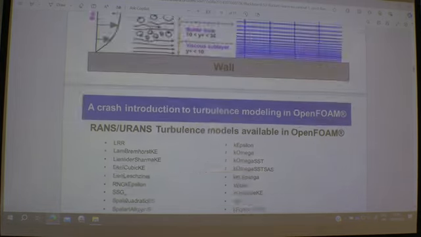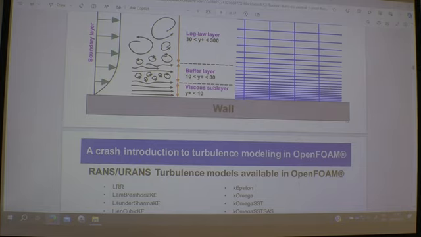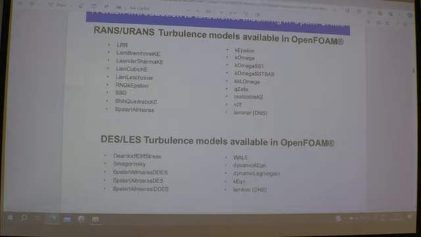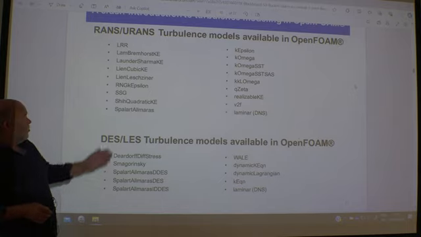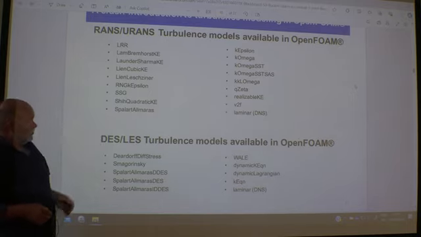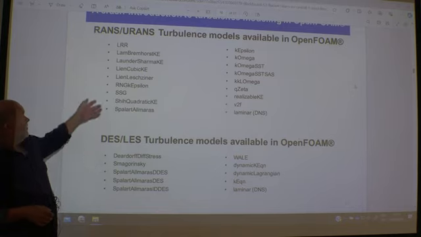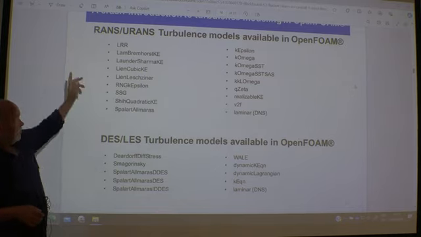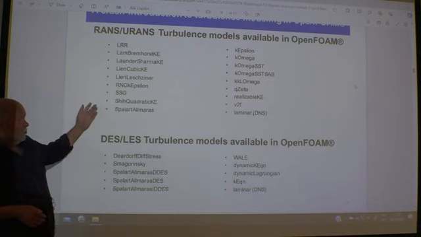So that is, in an ideal world, yes, you will do it like that. Here, just a list of different turbulence models that are available. Depends on your distribution, your version of OpenFOAM, what kind of models you have. The RANS family, or unsteady RANS as well, typically we will play around with these.